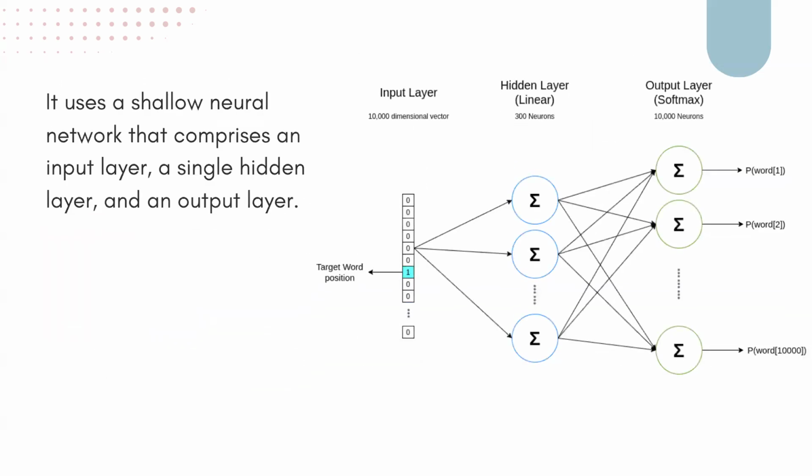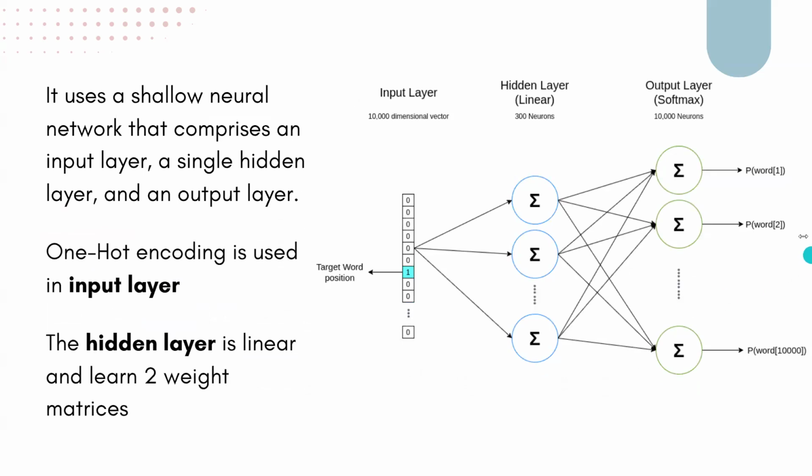Let's talk about the architecture. The neural network architecture of this skip-gram technique is very simple. It's a shallow neural network. It basically contains a single hidden layer, then an output layer, and it is fed by an input.